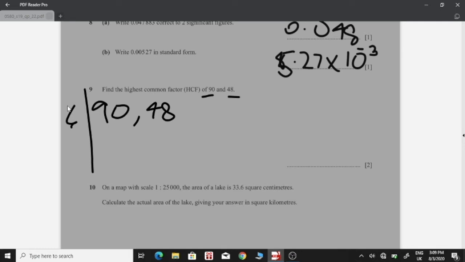So 6 15s are 90 and 6 8s are 48, and as we can see over here, both of these numbers 8 and 15 are not both the multiples of any same number. They are not divisible by any same number, so we're going to leave it at that. And the highest common factor is 6.